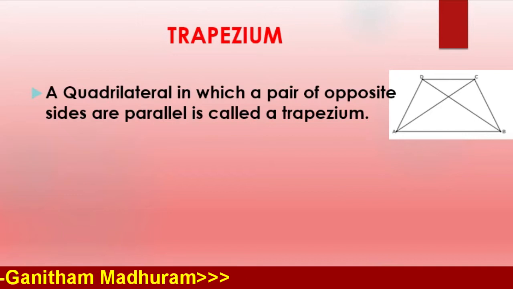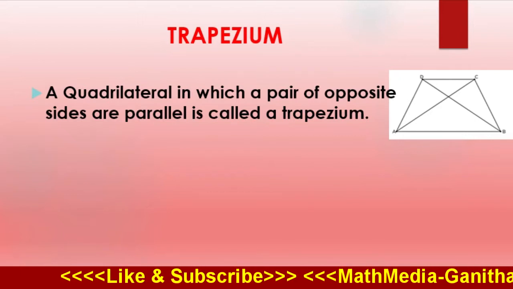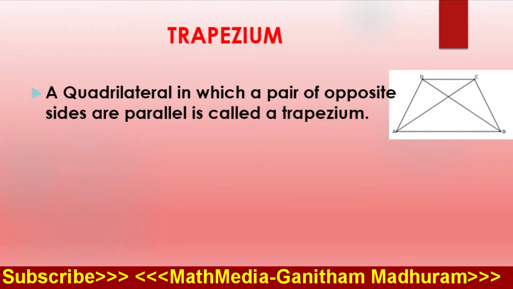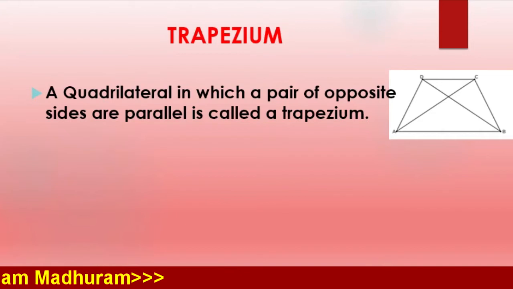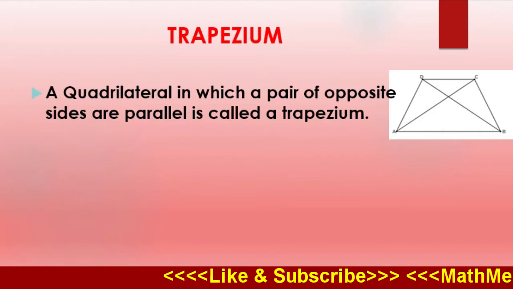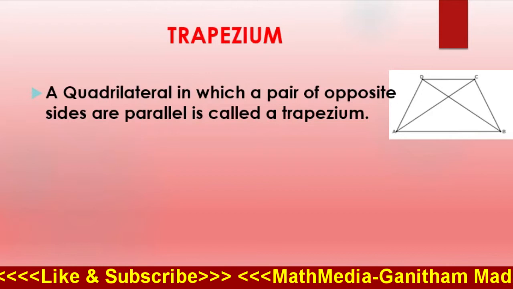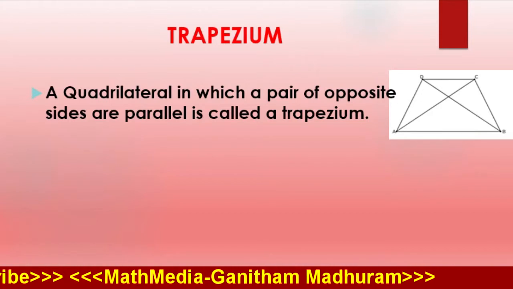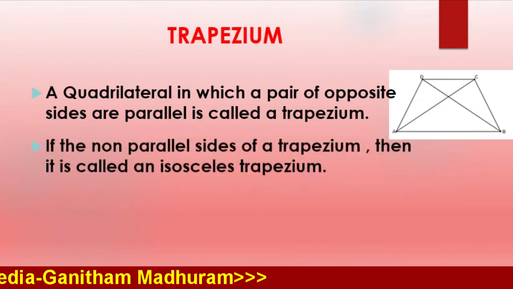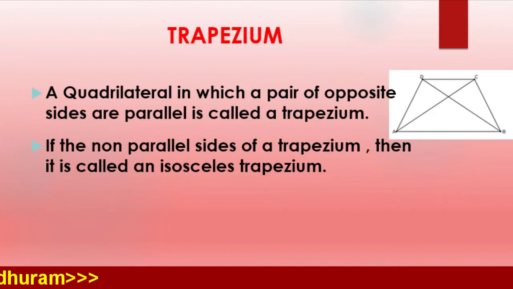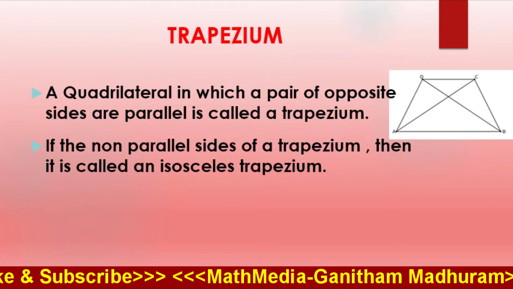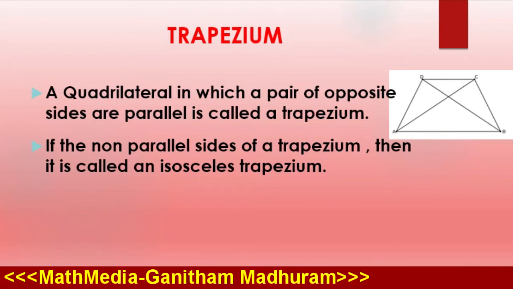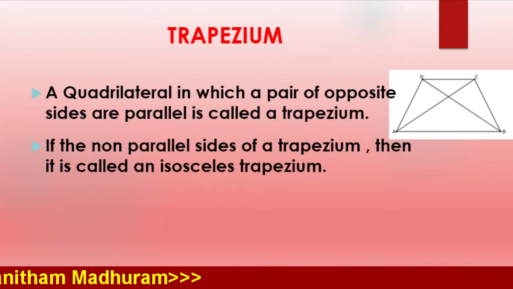A quadrilateral in which a pair of opposite sides are parallel is called a trapezium. That is, a trapezium means a four-sided figure in which one pair of sides is parallel. If the non-parallel sides of the trapezium are equal, then such a trapezium is called an isosceles trapezium.